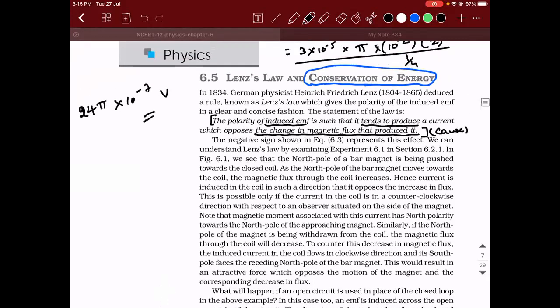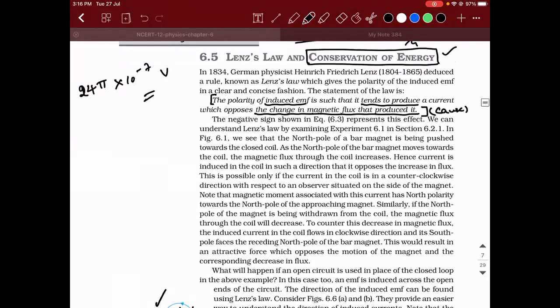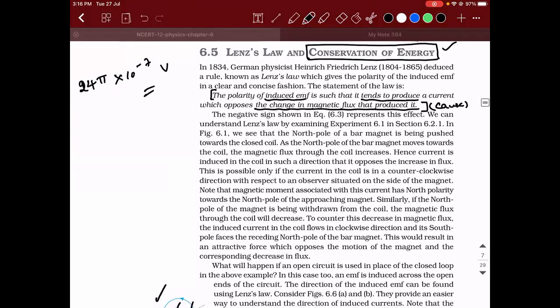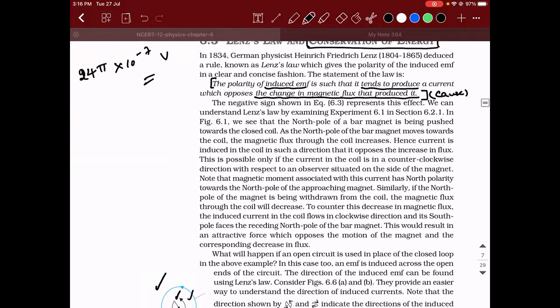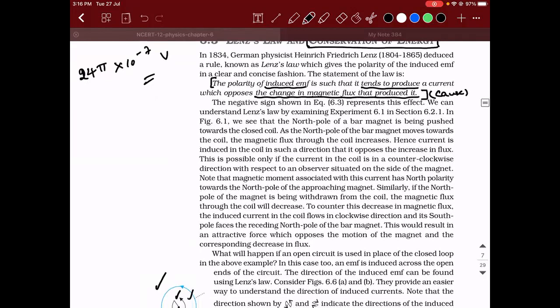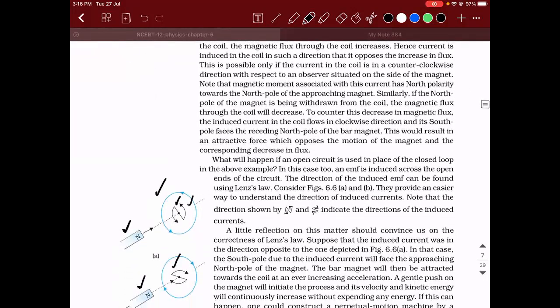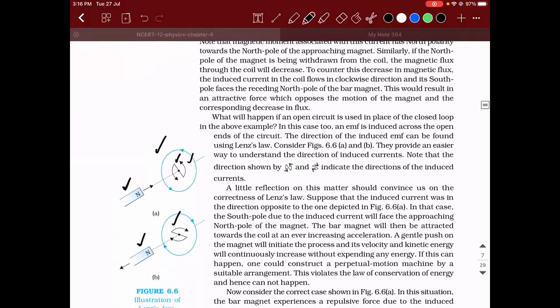And secondly, you need to make a note that Lenz law is based on the conservation of energy concept. Listen.